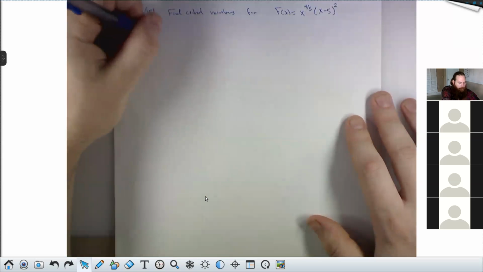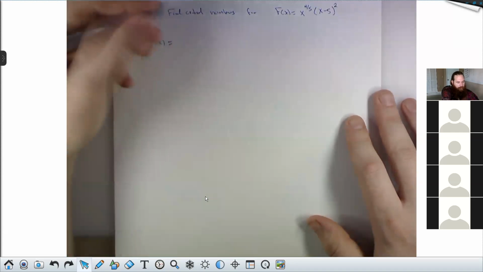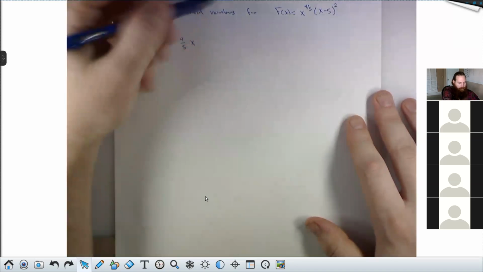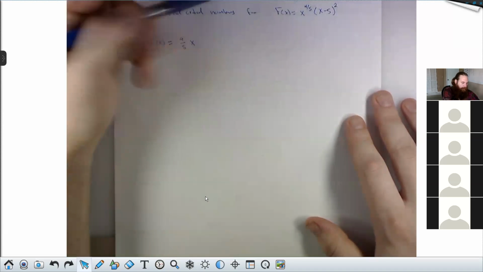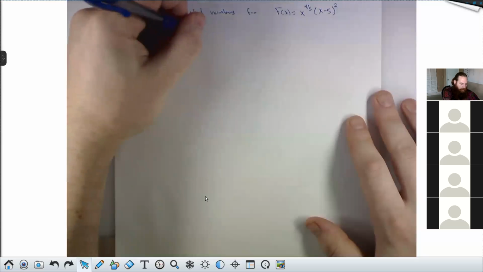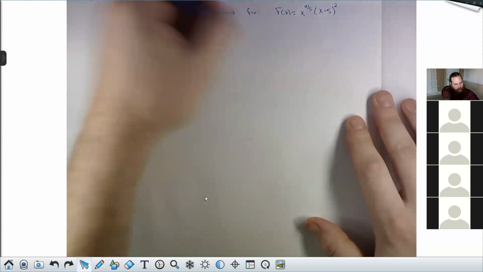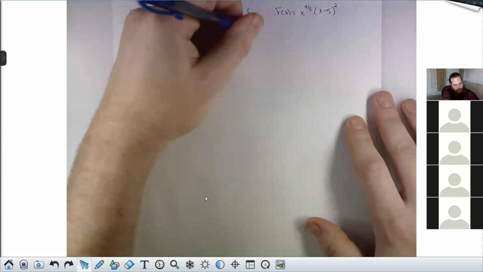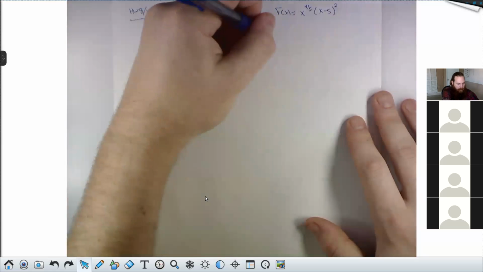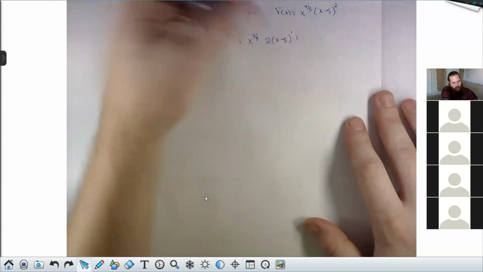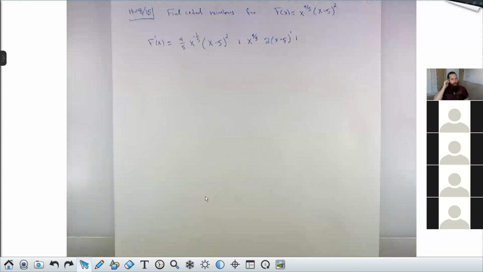So I'm going to take f prime. Here, this is a product rule thing, so I'll differentiate the x to the 4/5. If I subtract 1 from the power of 4/5, I'll get -1/5, and I'll leave the other guy alone. Now I'll leave the x to the 4/5 alone and differentiate the other guy, which does require a little chain rule, but the derivative of the inside is 1.